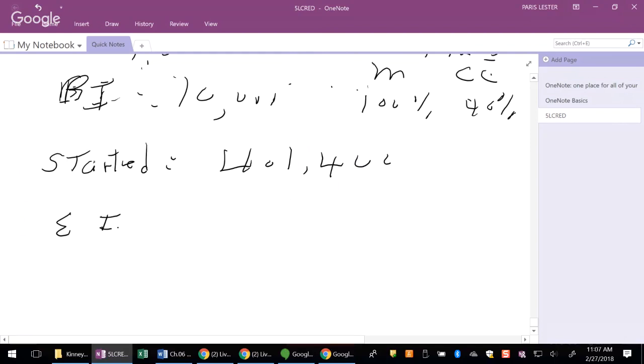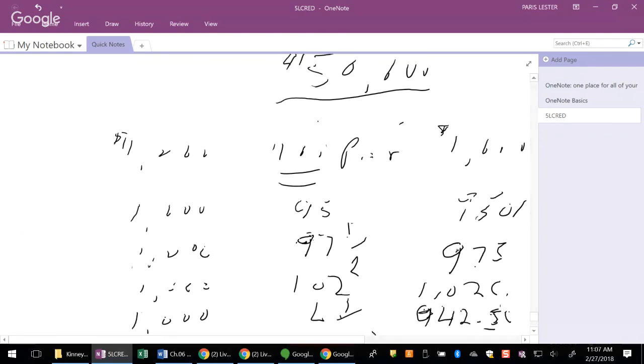Units started, how much? That is 401,400.